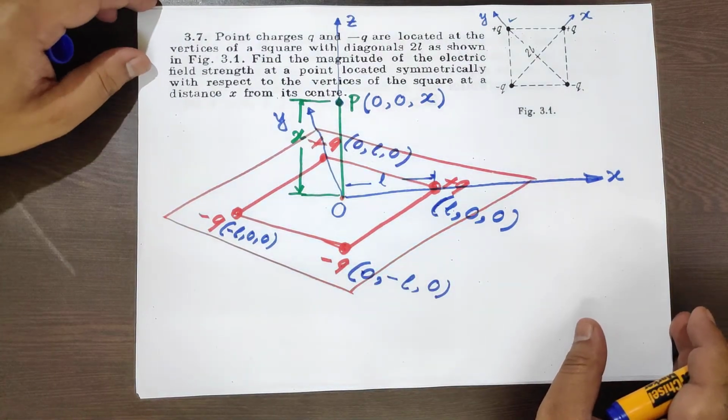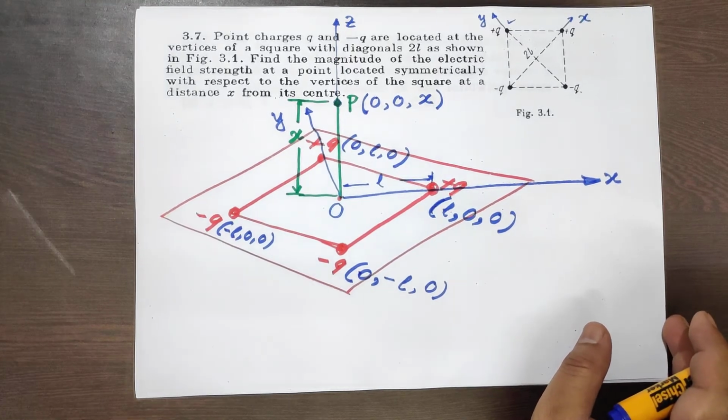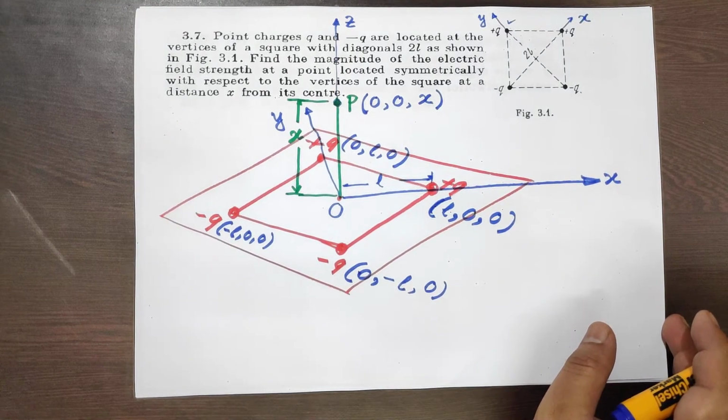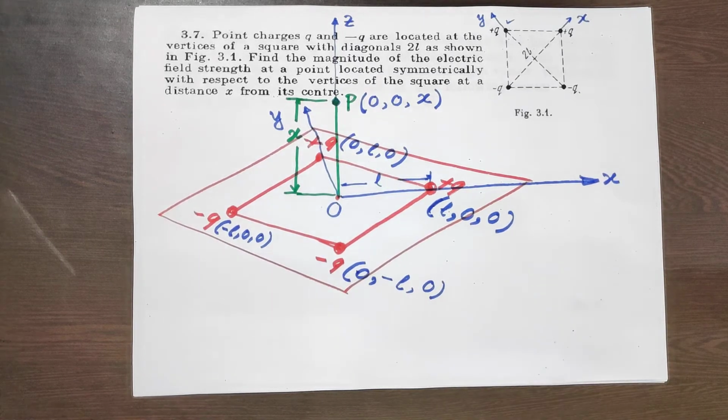Now we will apply Coulomb's law in vector form. In vector form, Coulomb's law is like this.